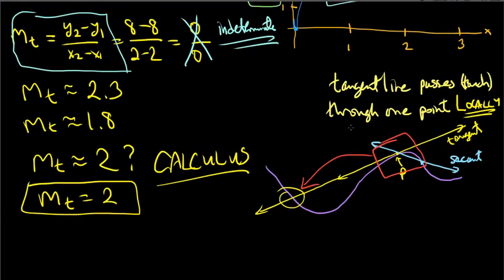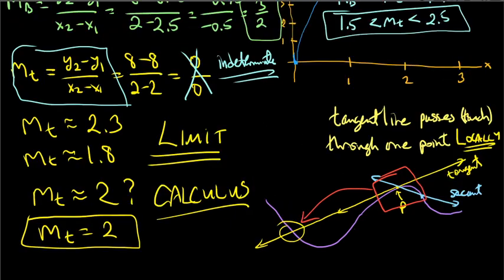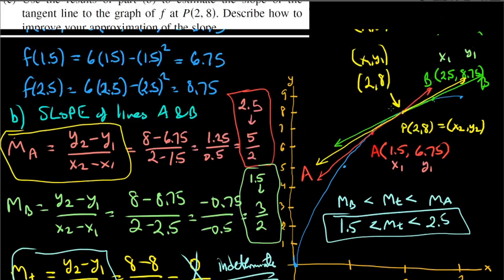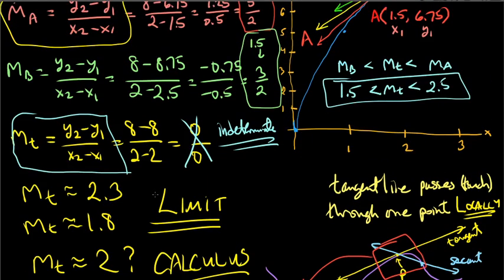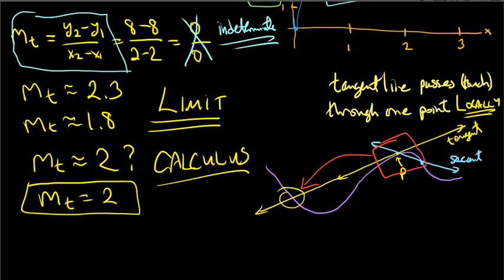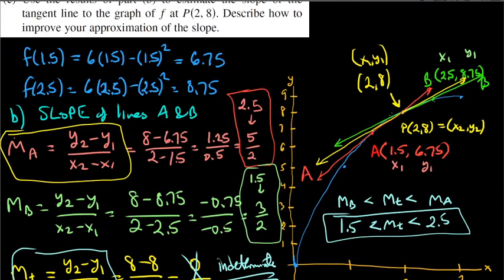Before we can even think about using a formula like this, we need the concept of a limit. That's going to come up in the next section, in the next video. For now, the best we can say is it's between 1.5 and 2.5. If you guessed halfway between, then you happened to get it right. But if you said 2.1 or 1.93 or something, good enough.